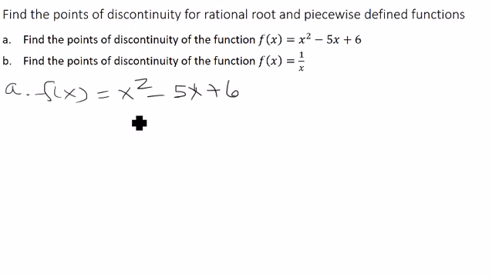Graphically speaking, we're finding the points where this function has breaks or holes or vertical asymptotes. Since this is a quadratic function, which is a member of the polynomial functions, it is always going to be smooth throughout its domain, which is the set of all real numbers from negative infinity to infinity.